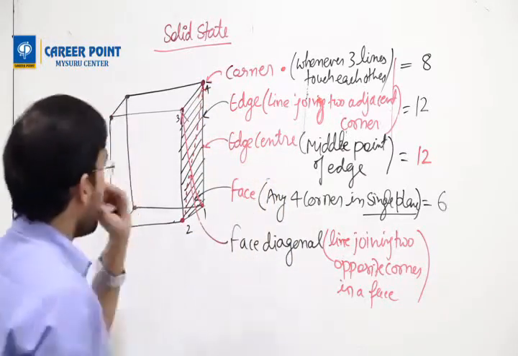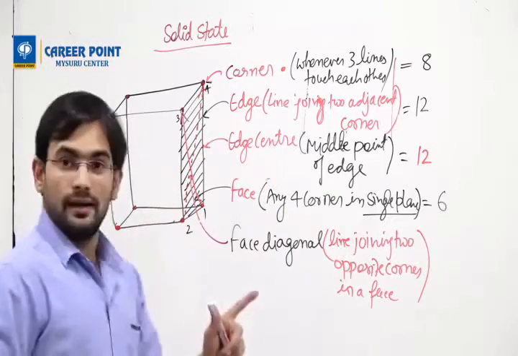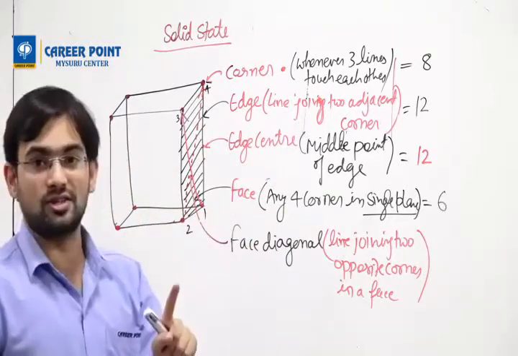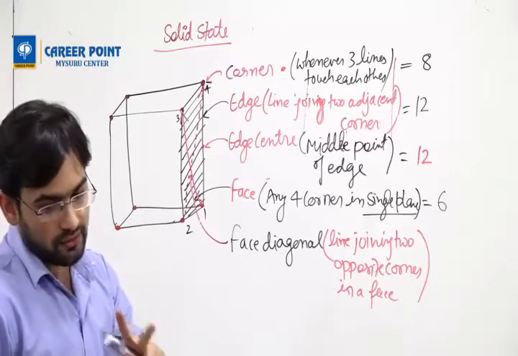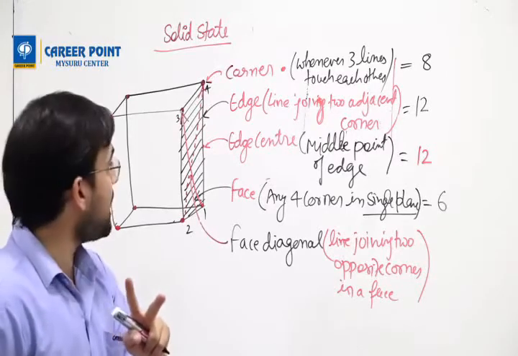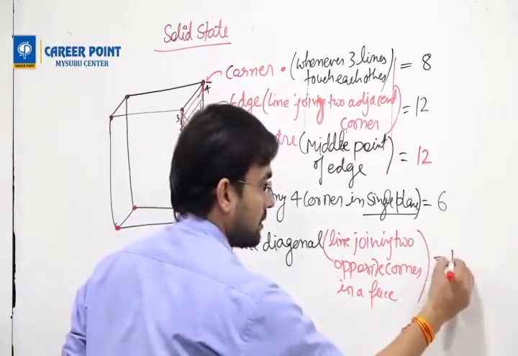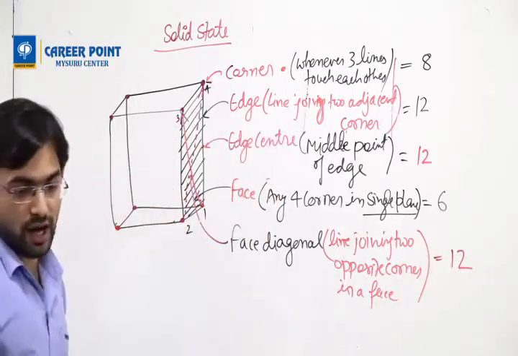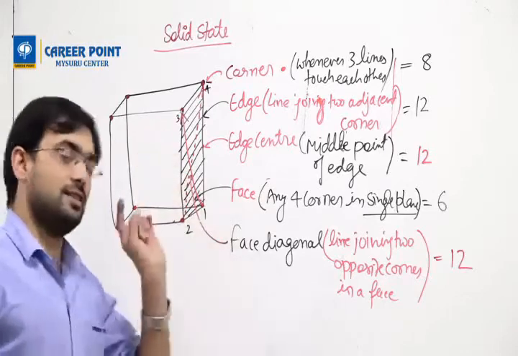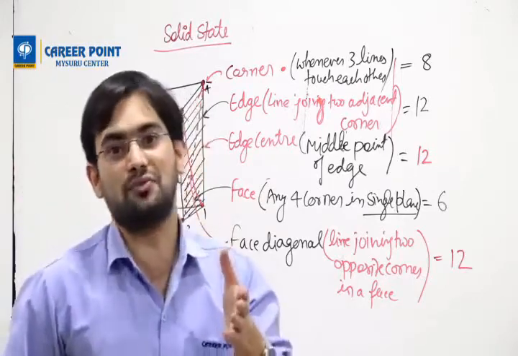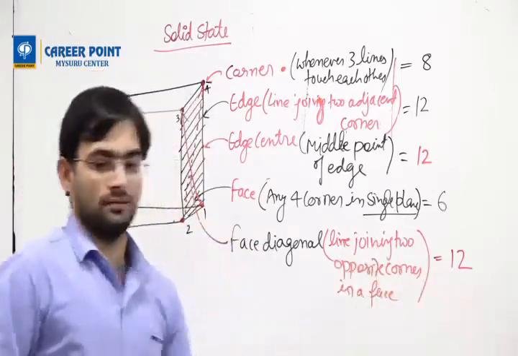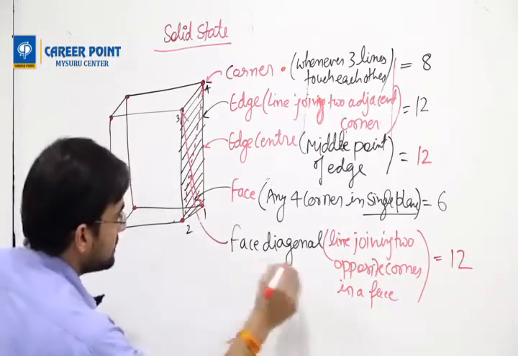Okay. So how many face diagonals in one face? 2. So total how many? Total answer is 12, because each face carries 2 and we get 6 faces. So 6 into 2, 12. Done? This is face diagonal.